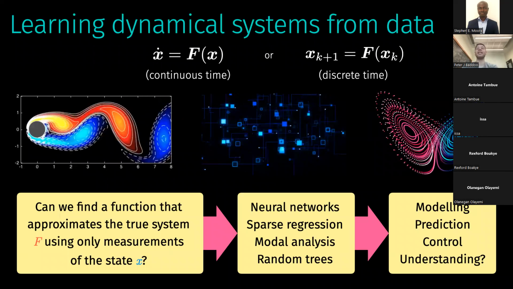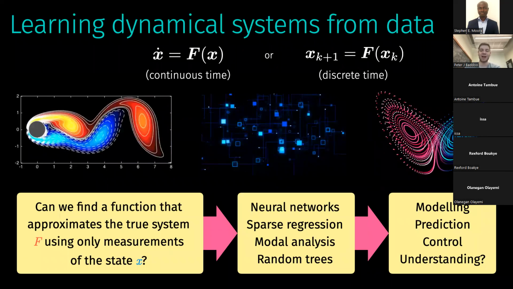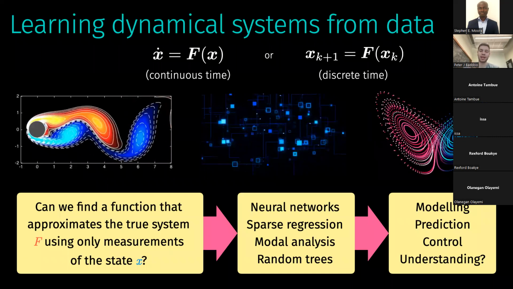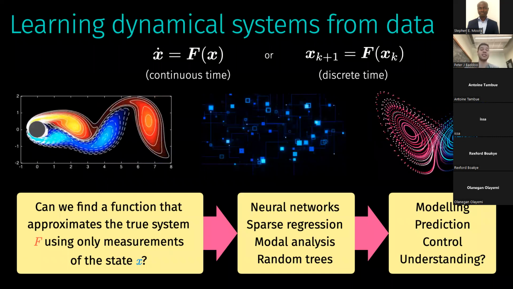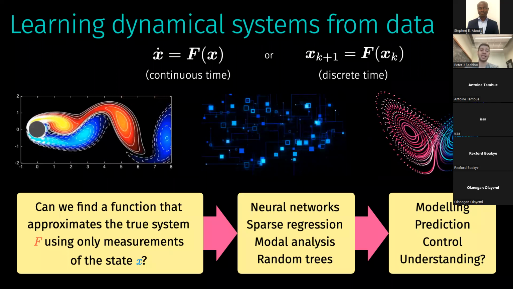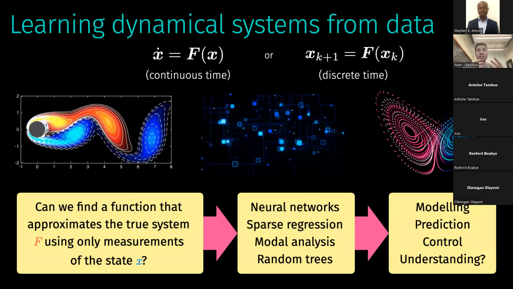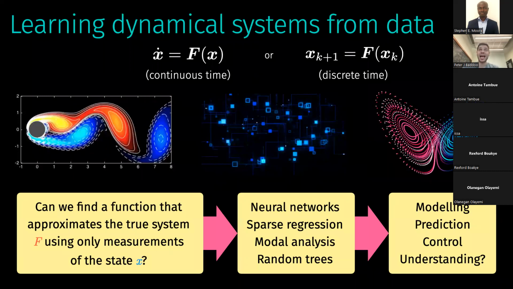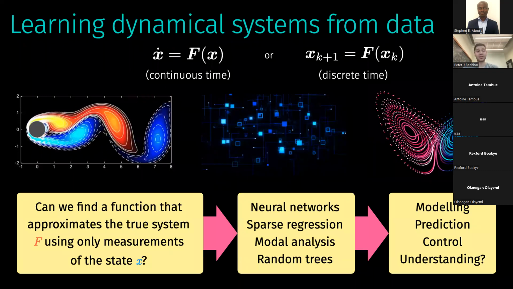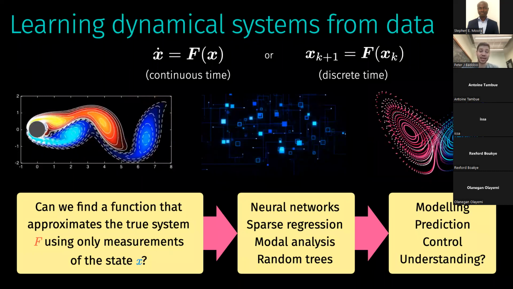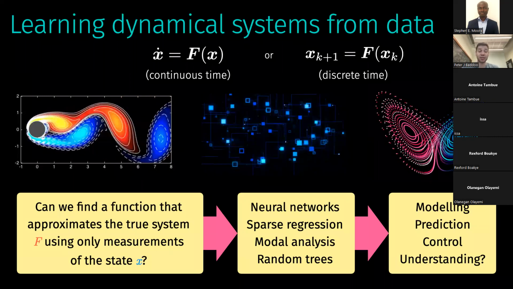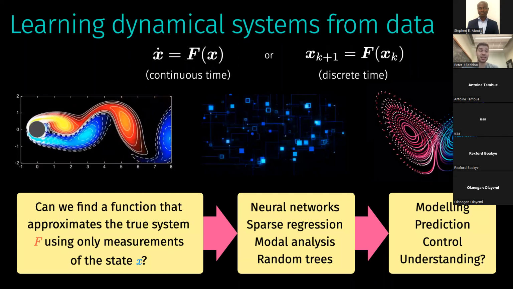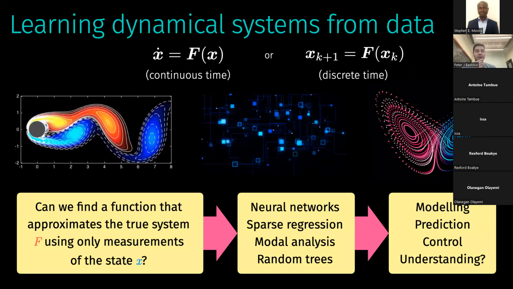But in this data-driven age, many researchers are moving from a theory-driven approach to a data-driven approach, where instead of using first principles to derive dynamical systems, we try to derive them from data. That could be advantageous because you might be studying a system where there aren't known conservation laws, or at least there's uncertainty in the conservation laws.